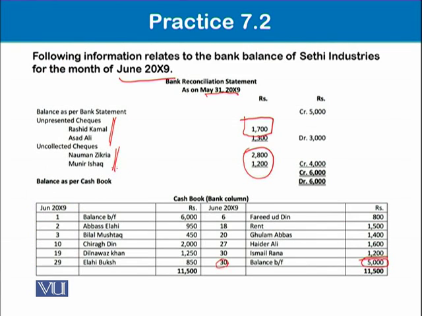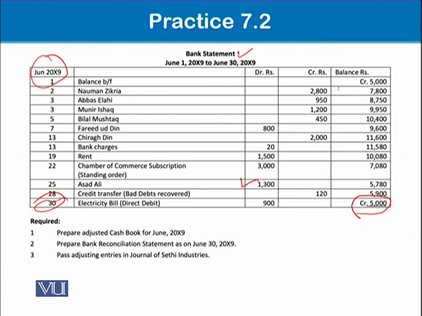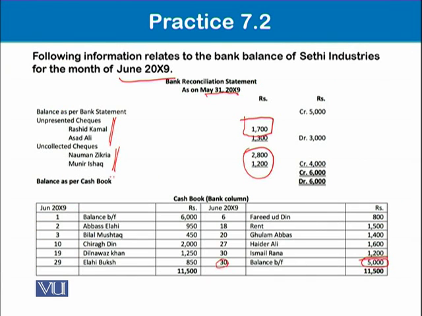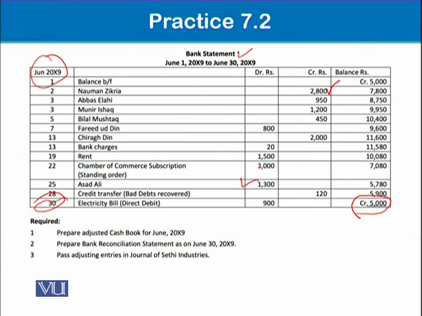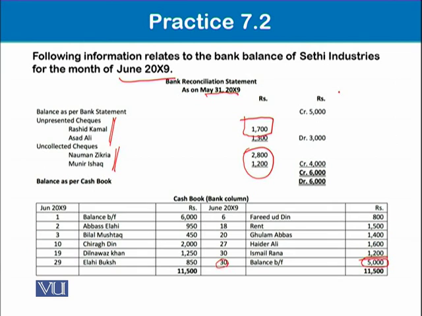So let's see, Noman Zakriya 2800, yes, it's appearing here. And Munir Ishaq 1200, yes, it is also appearing here. So both of these have been collected by the bank. So this is still there. We will use it in the next bank reconciliation statement.